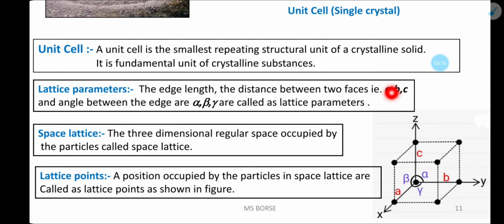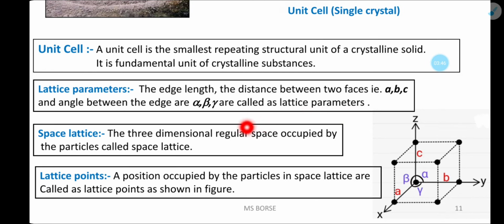In chemistry we can say it is the bond length. The angle between the edges or planes is represented by the constants alpha, beta, gamma, or we can say bond angle. These two parameters, bond angle alpha, beta, gamma and bond length or edge length, are called lattice parameters.